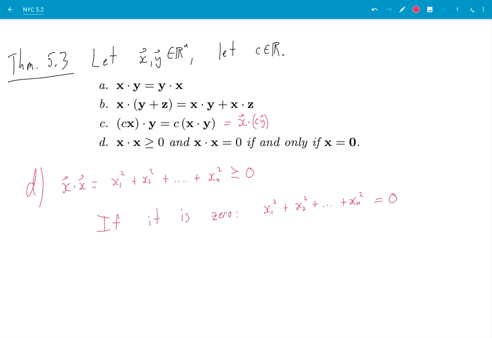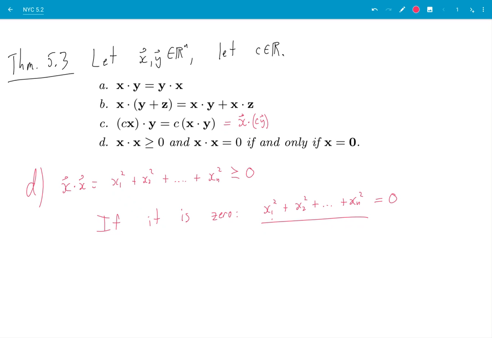Well, how is that possible? It's only possible if every term here is on its own equal to 0. Because if, say, this one were bigger than 0, it could never be canceled out by something else, right?